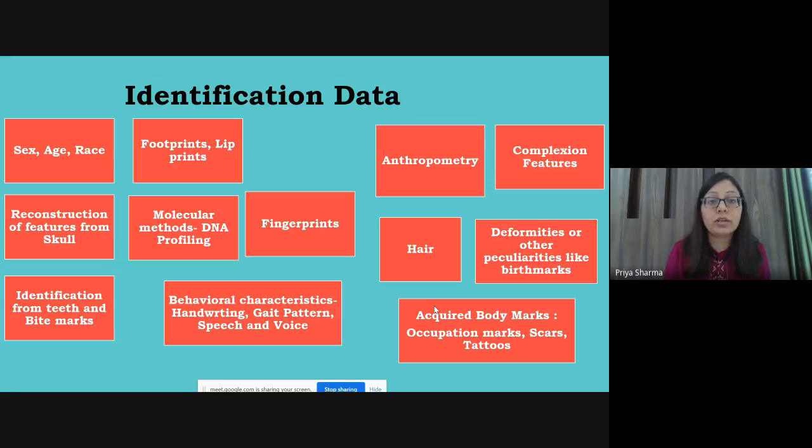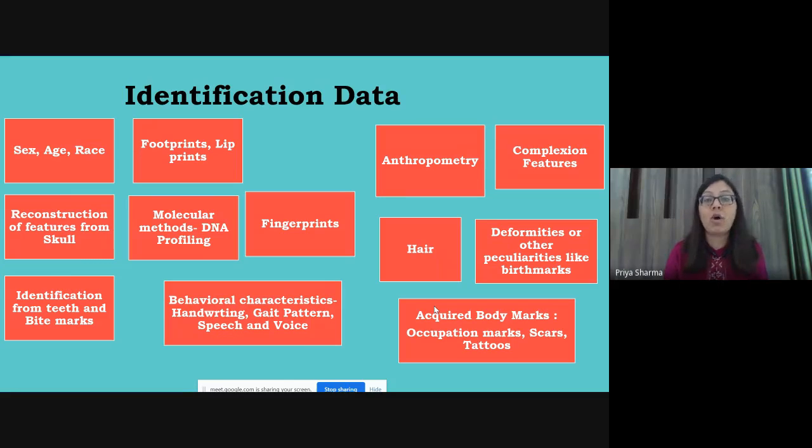The last ones are fingerprints and DNA profiling. These are nowadays the most commonly used techniques for identification purposes. Like DNA profiling, in case of monozygotic twins, they have similar DNA profiles. So again, in that case, how will we differentiate between two individuals?